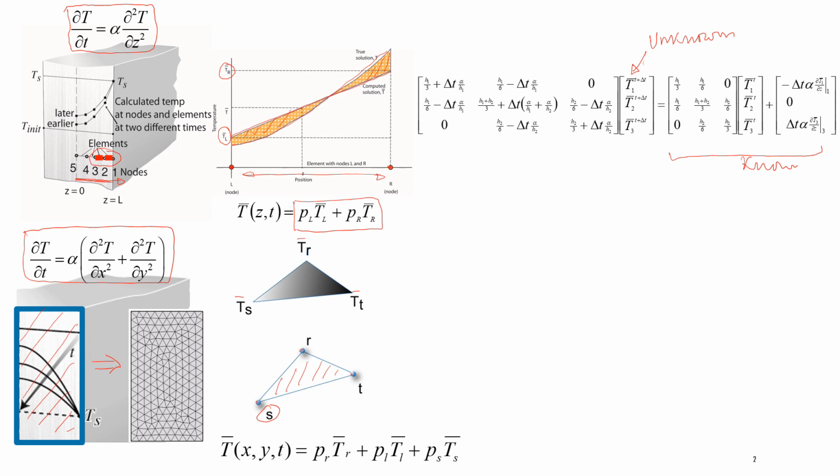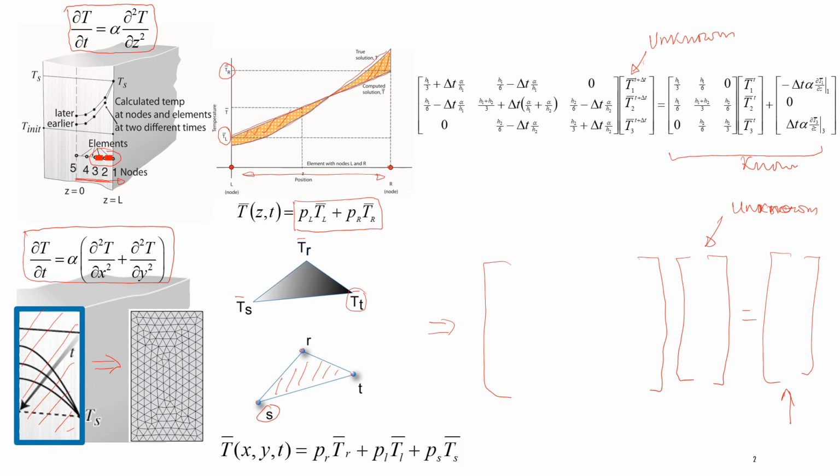These are the approximate values, and then again we minimize the difference between these approximate values and true values, and that leads to an equation or a matrix just like above, with all the unknowns here, unknowns, and these are all the known things.